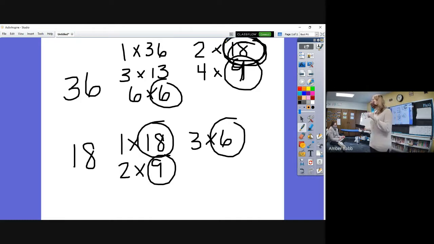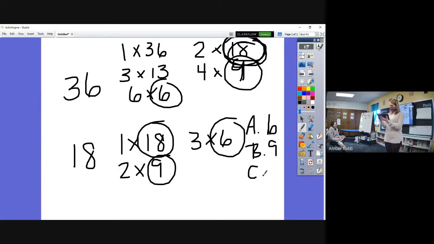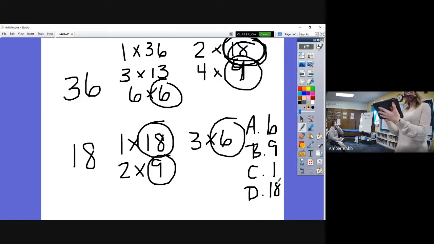So just be careful, because I could see this being on the STAR test or the MAP test, and they're going to give you choices: 6, 9, 1, 18. You're going to glance at it and say, ooh, they both have 6, or they both have 9, and not realize that 18 is down there at the bottom. You have to do them. Right? You guys get what I'm saying here? If you rush, you'll miss it.